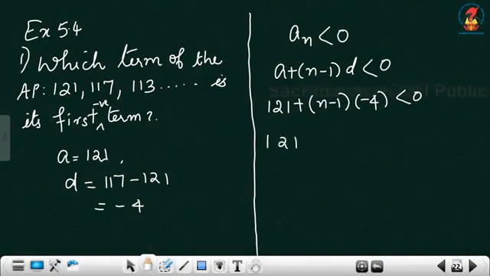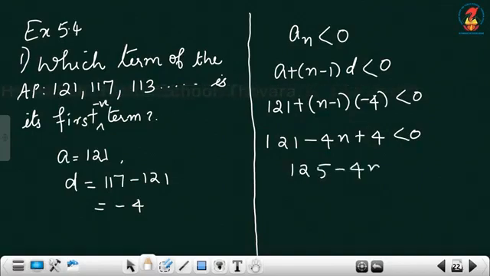So 121 minus 4n plus 4 is less than 0. That means 125 minus 4n less than 0. That means minus 4n is less than minus 125.